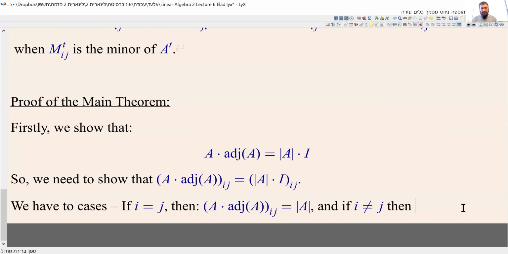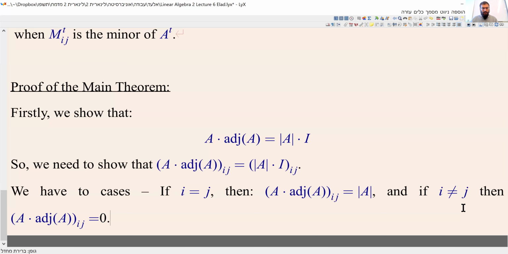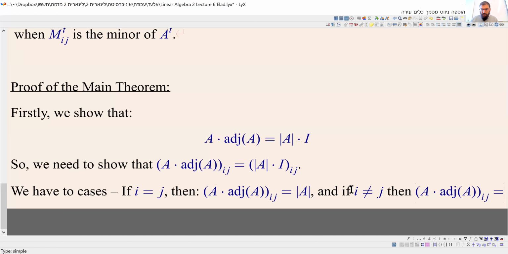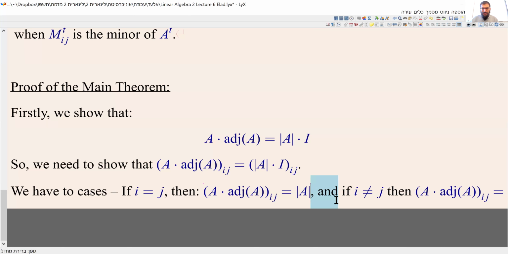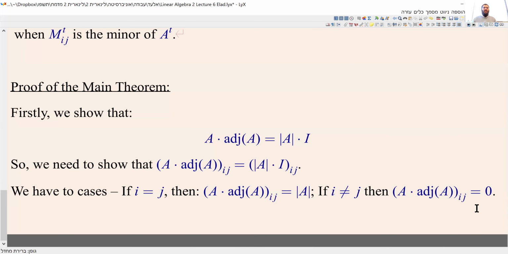So these are the elements. Both cases have practically the same proof, but let's write it down explicitly.